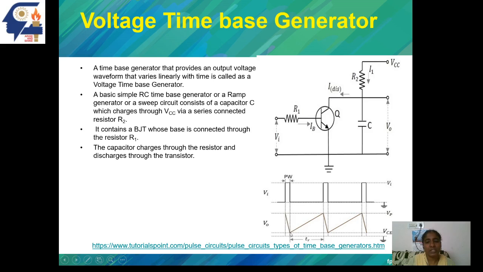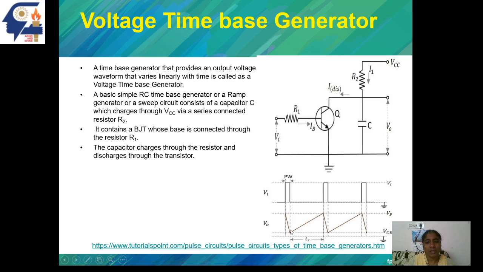It will discharge up to the level VCE saturation, and then once the pulse has ended and the transistor comes to the off state, an open circuit, the capacitor will try to charge up to VCC, which is the maximum voltage. The path for capacitor charging is through the resistor R2 up to VCC.